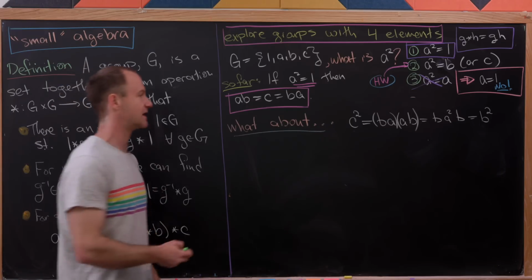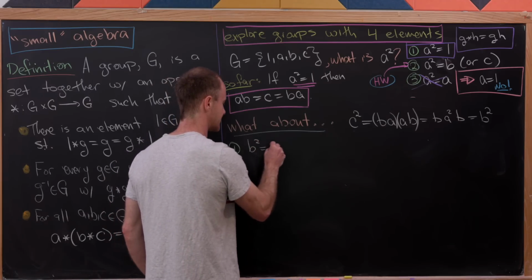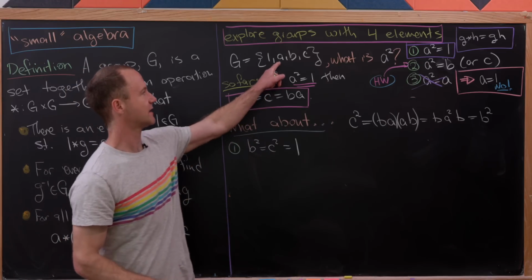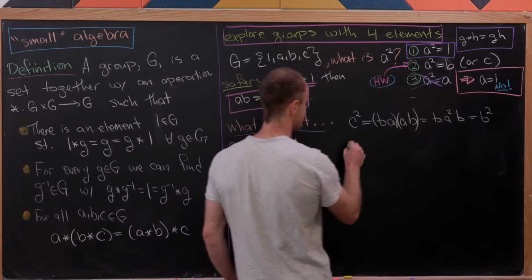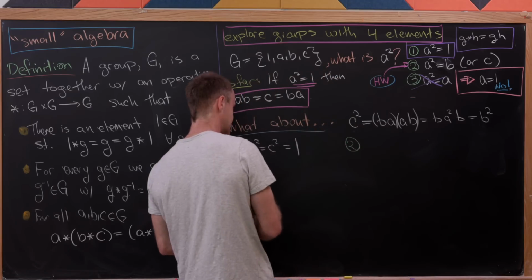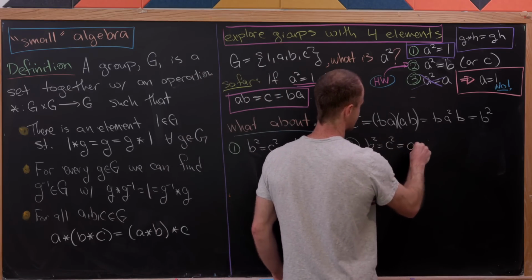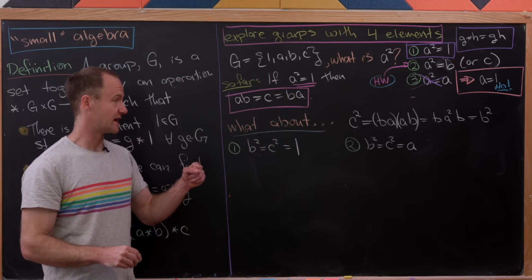And this breaks down into 2 legitimate cases. The first case is that b squared is the same thing as c squared, which is equal to 1. That means every non-identity element squares to 1. The second case is when b squared is the same thing as c squared, which is the same thing as a. And notice those are all of the cases.